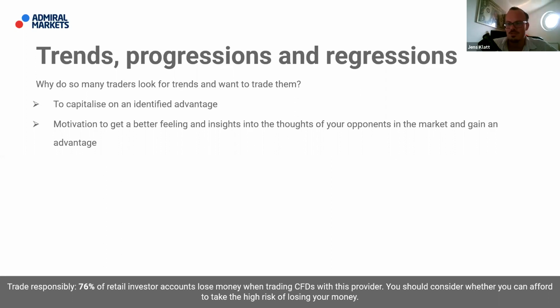And so, when looking at the chart in the way I will present to you in a few minutes, you will see that it sometimes becomes really obvious what's going on, and it becomes clear that sometimes it makes sense to position yourself in a certain way, since price action points exactly to a certain behavior, a certain action certain market participants are currently taking to position themselves in the market.